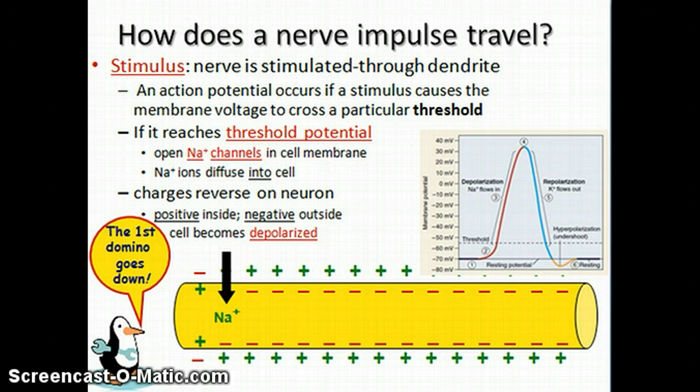So this is when we have an action potential occurring. You need to remember that it takes a number of these stimuli to occur in order for the actual opening of all of these sodium channels.